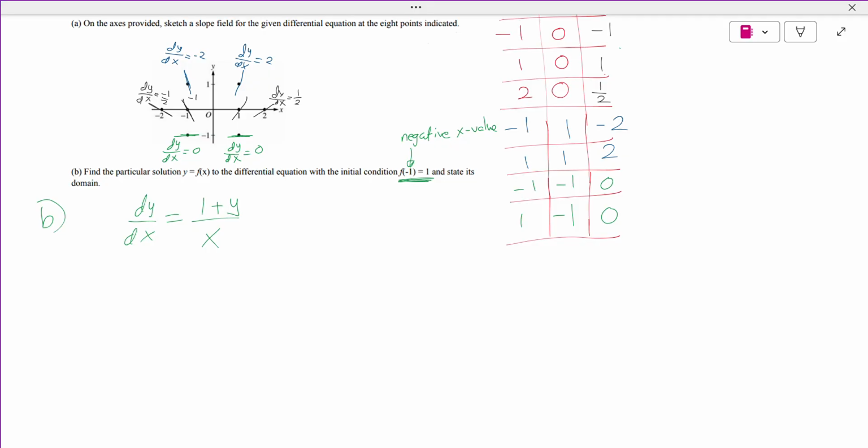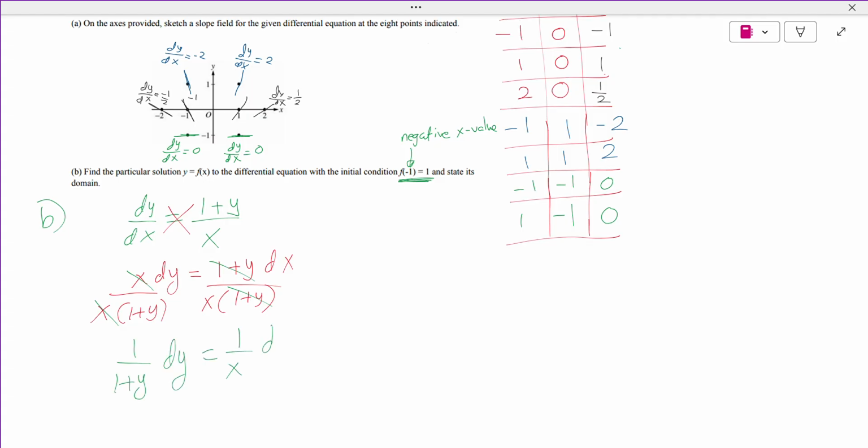So if you use cross multiplication, you get x dy equals 1 plus y dx. Divide both sides by x and 1 plus y. Now, if you cancel 1 plus y with 1 plus y, x with x, that leaves you with 1 over 1 plus y dy equals 1 over x dx.